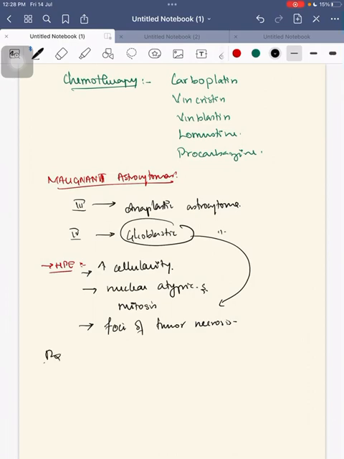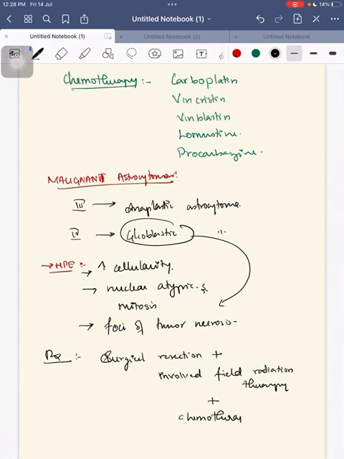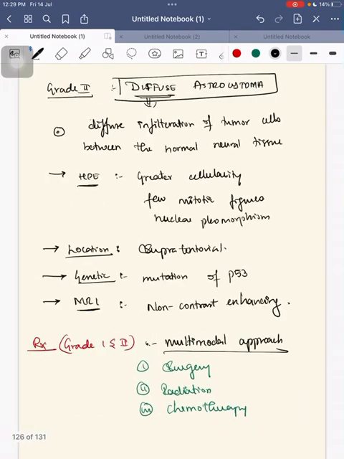So the treatment for this is also a multimodal approach. There will be surgical resection followed by involved field radiation therapy plus chemotherapy. So this is about the astrocytoma.